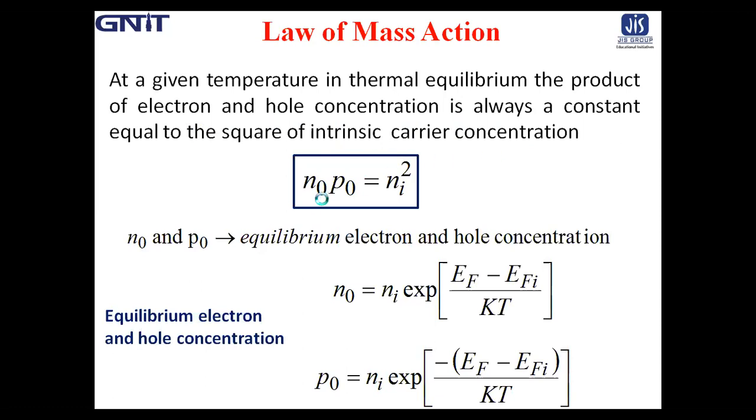That means the product of electron concentration and hole concentration, denoted as N0 and P0, is equal to Ni squared, where N0 and P0 are the equilibrium electron and hole concentrations respectively, and Ni is the intrinsic carrier concentration.